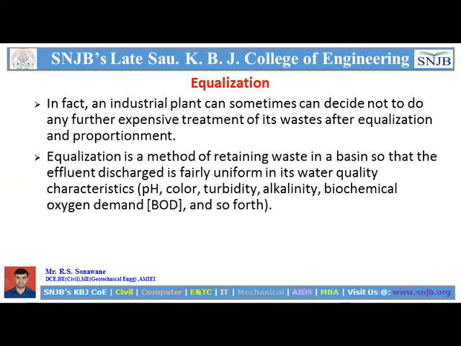Equalization. So you can see the exact meaning of equalization here. Equalization is the method of retaining waste in a basin so that the effluent discharge is fairly uniform in its water quality characteristics. Once again, equalization is a method of retaining waste in the basin so that effluent discharge is fairly uniform in its water quality characteristics, that is pH, color, turbidity, alkalinity, biochemical oxygen demand (BOD), and so forth.